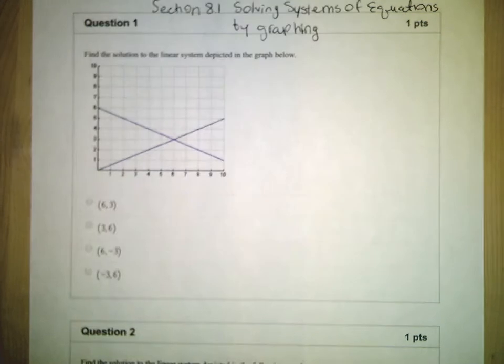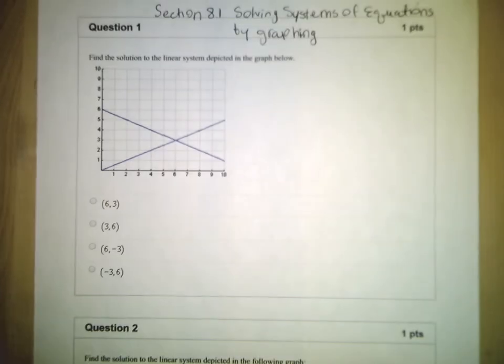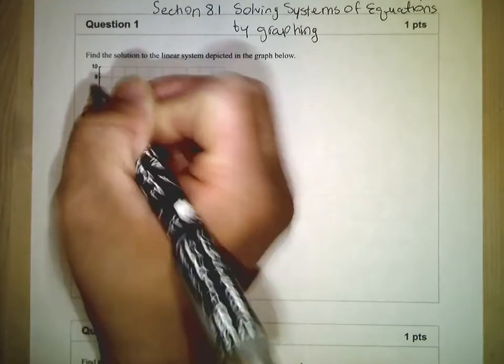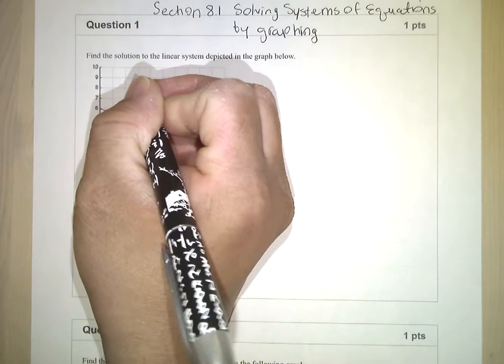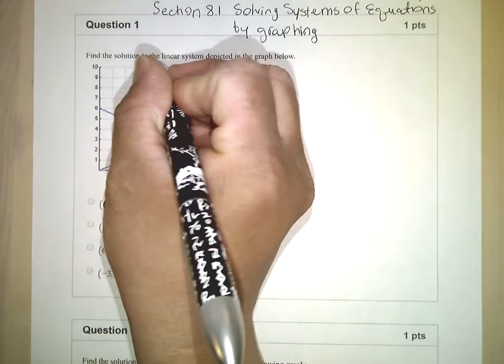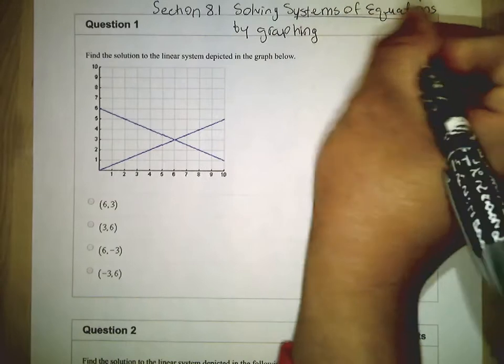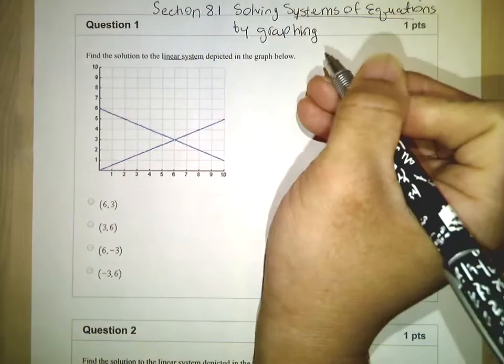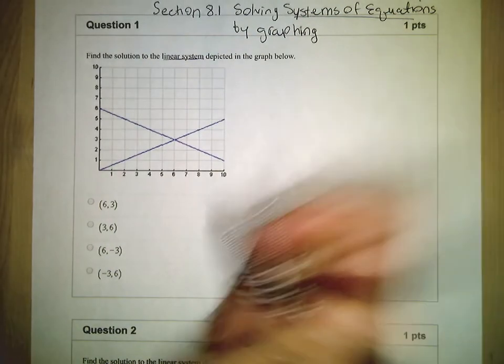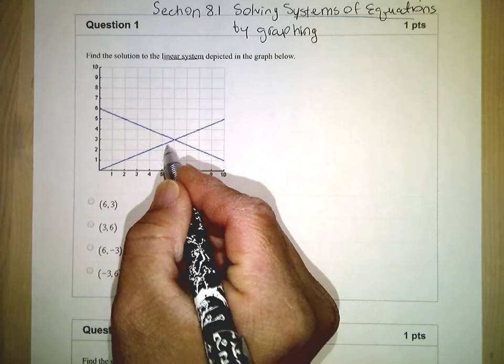So you can see in this first problem, it says find the solution to the linear system. That means a linear system of equations depicted in the lines below, and it's linear because these are both lines.